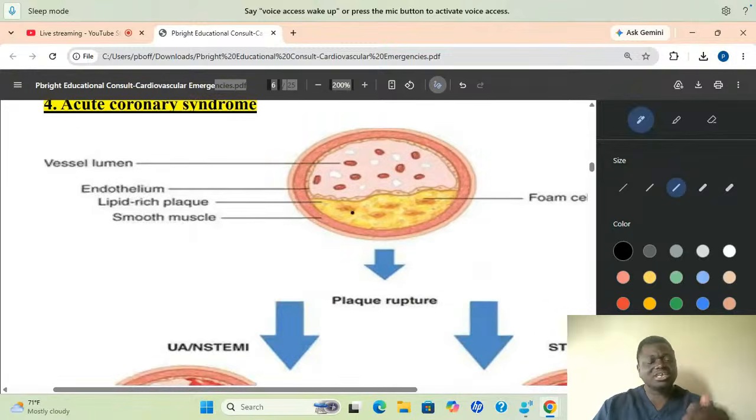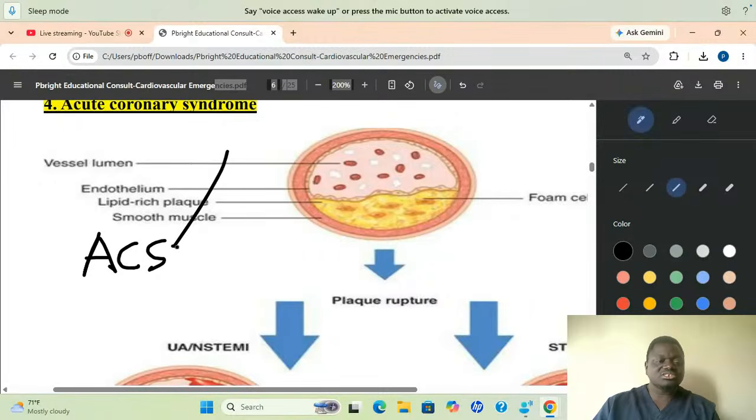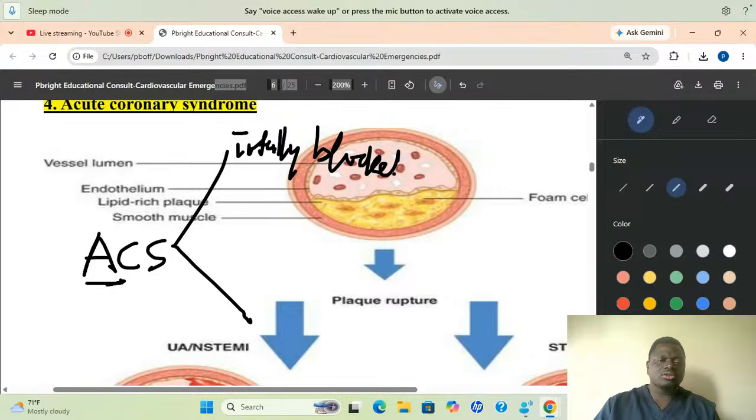So I was saying that with acute coronary syndrome, the ACS, anytime we mention ACS, you think about these conditions. Is the lumen of the coronary arteries totally blocked or partially blocked?